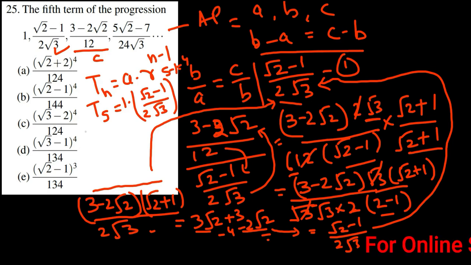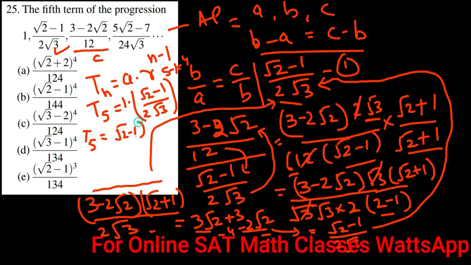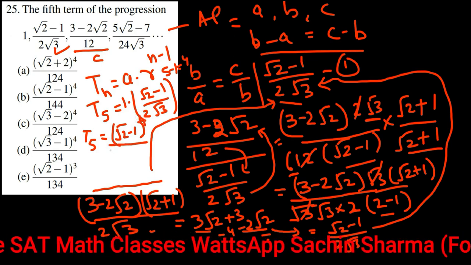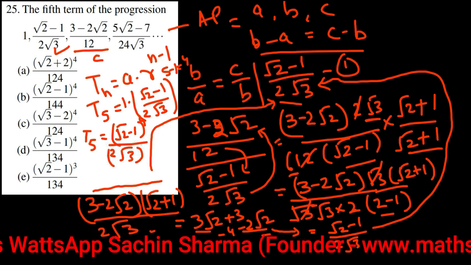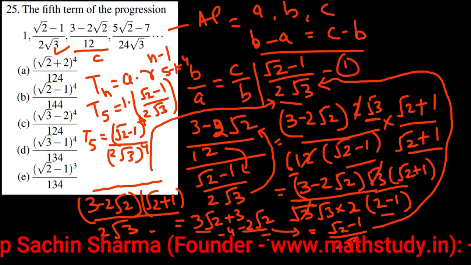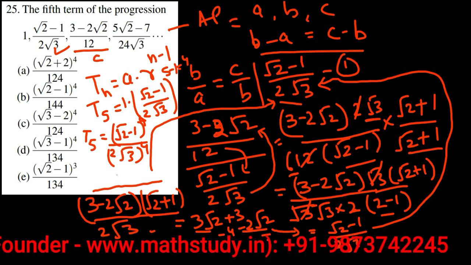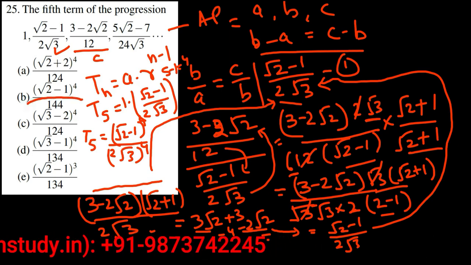Now we can write T5 equals root 2 minus 1 whole raised to the power 4 upon 2 root 3 whole raised to the power 4, right students? Whole raised to the power 4. And now if we compare with our options, then we can easily say that this will be our answer, right?